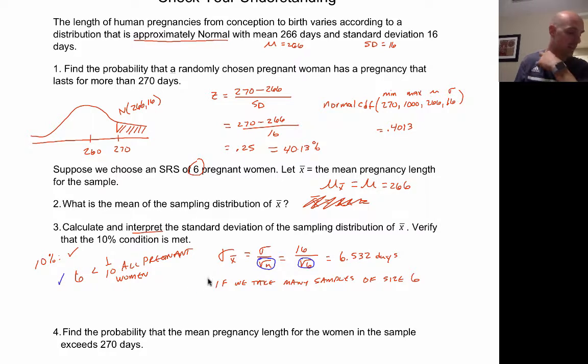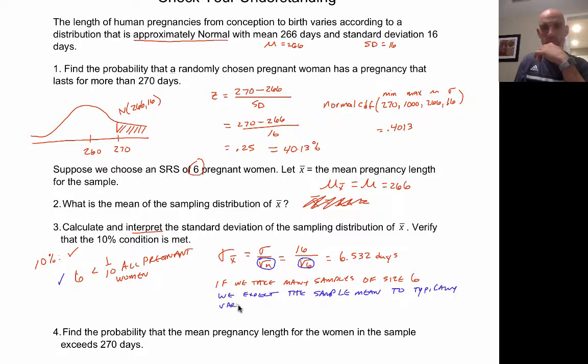So if you take many samples of size 6, we expect the sample mean to typically vary from 266 days, the population mean, by 6.532 days.